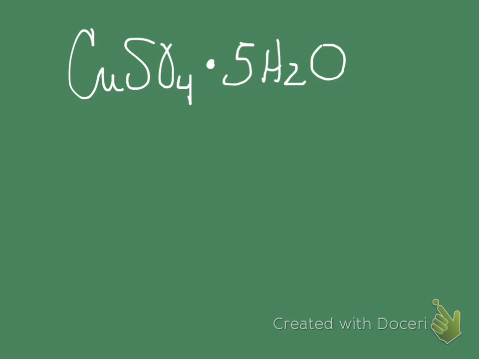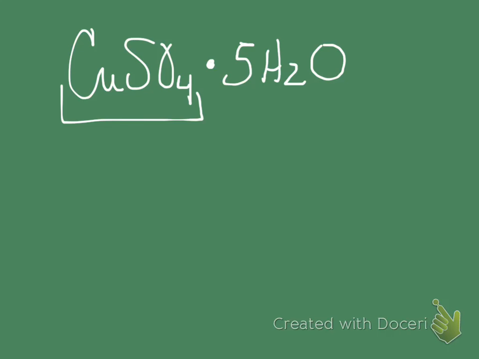Anybody have any questions about number 35 on the homework? Copper sulfate 5H2O? So this is number 35, I think. This is a kind of compound called a hydrate. So the chemical compound is copper sulfate, but copper sulfate tends to absorb water, and that's the hydrate part.